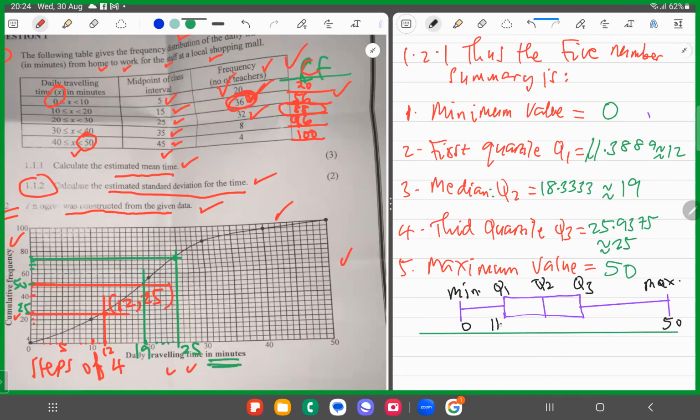Q1 is 11.3889, Q2 is 18.3333, and Q3 is 25.9375.